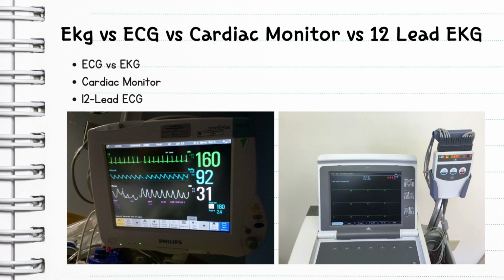The 12-lead EKG is like a snapshot, like a photo of a time period, rather than continuous monitoring like a live stream video. It's commonly used in the diagnostic setting. The leads are attached to the patient's limbs and chest in specific positions, creating detailed pictures of the heart's electrical activity.